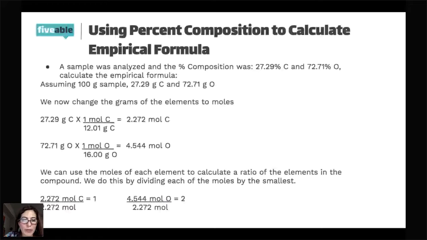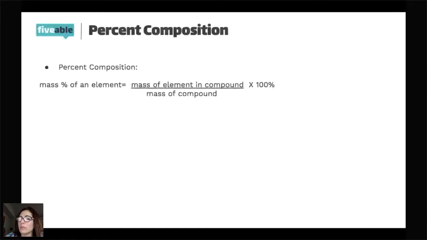You mean this one's of percent composition? Okay, percent composition: you calculate the mass percent of every element of the compound by doing the mass of the element in the compound divided by the mass of the whole compound times 100. And then you just use the molar masses of the elements to calculate this.